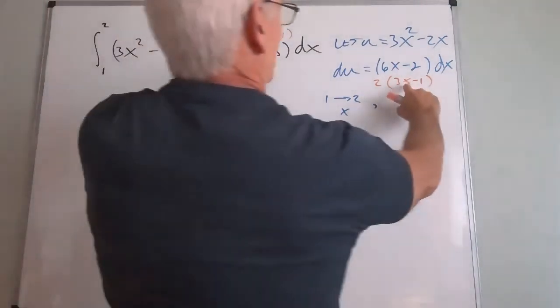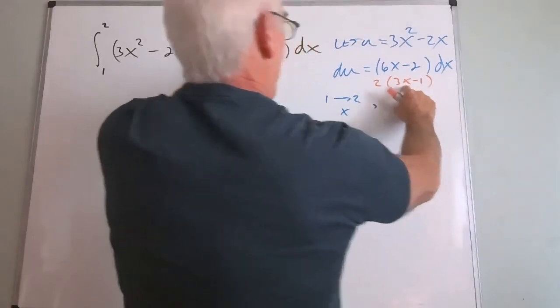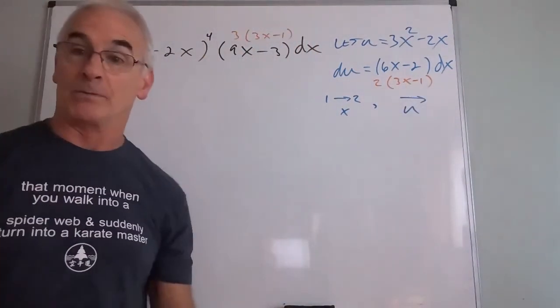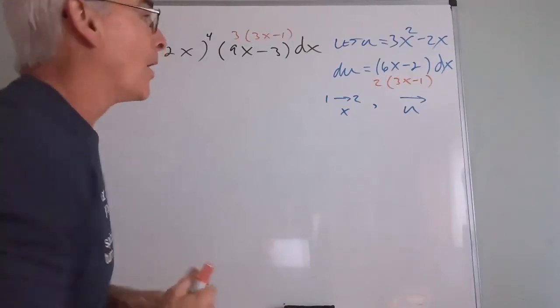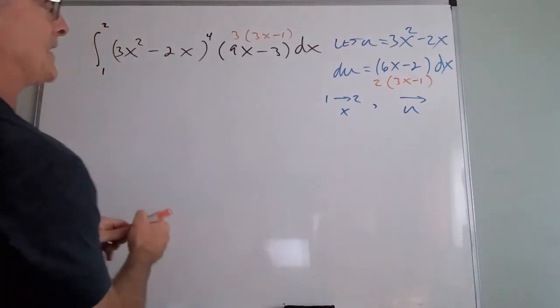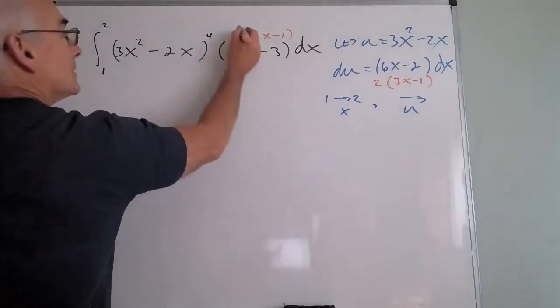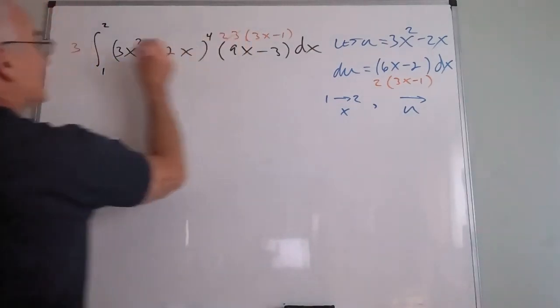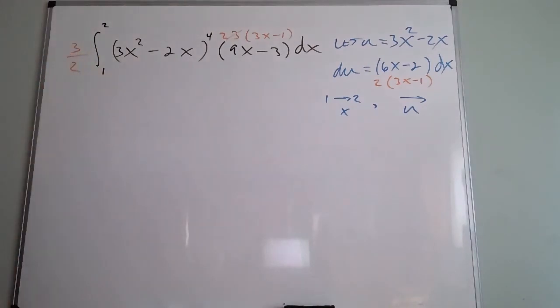Because what I need and what I have are both multiples of 3x minus 1. So I need it to be a 2, and I have a 3. Hopefully everybody has something looking like that.